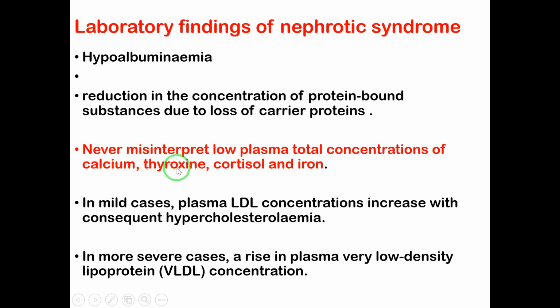It is secondary to a decrease in the level of the binding protein because these binding proteins appear in the urine. Also, we have dyslipidemia in nephrotic syndrome in the form of an increase in the LDL, and in a later stage of the disease, we have an increase in the level of the VLDL.